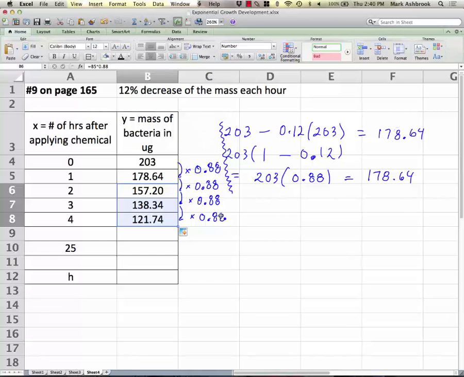So a decay factor is just like a growth factor. It's the multiplier on what to get what? The multiplier on the output to get the next output. Agree with that? Yep. It's still a multiplier on output to get the next output.